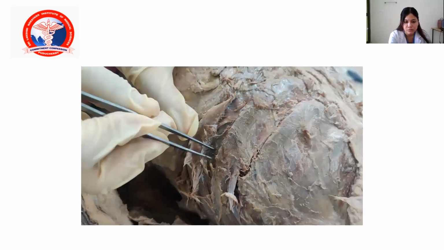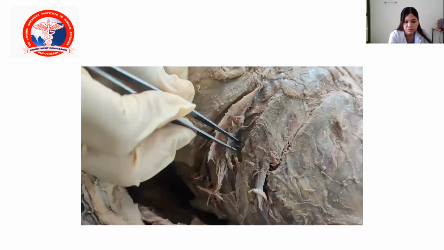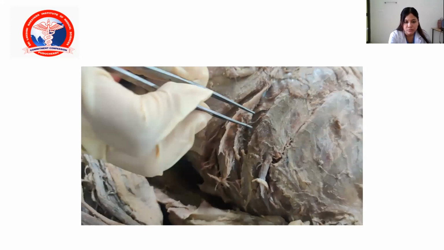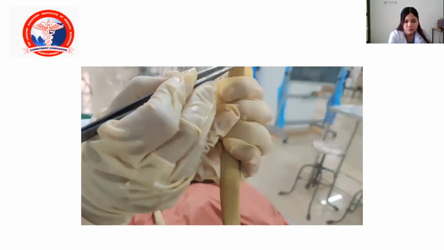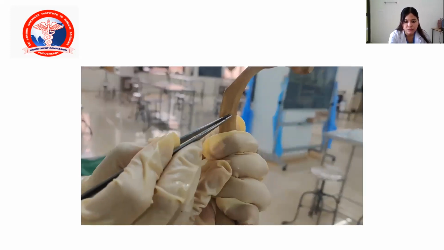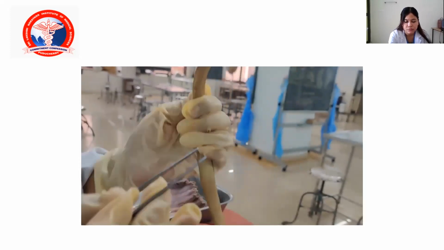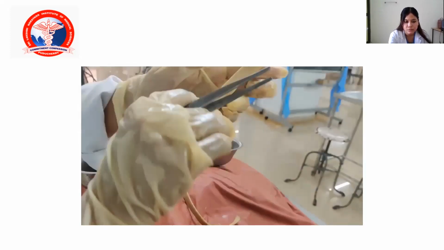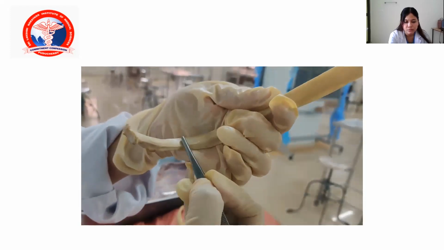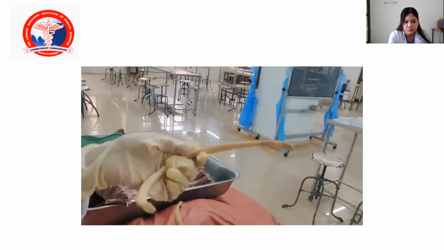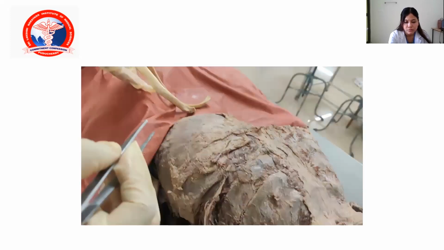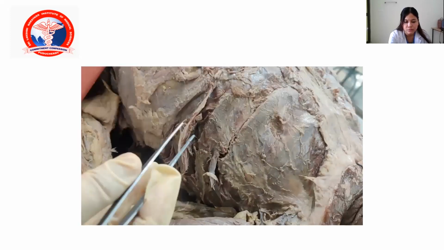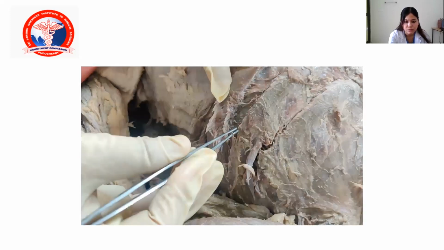Okay. So this intercostal intimus origin is from the inner surface of the upper rib. Okay. And intercostalis intimus is exactly the direction of the fiber.